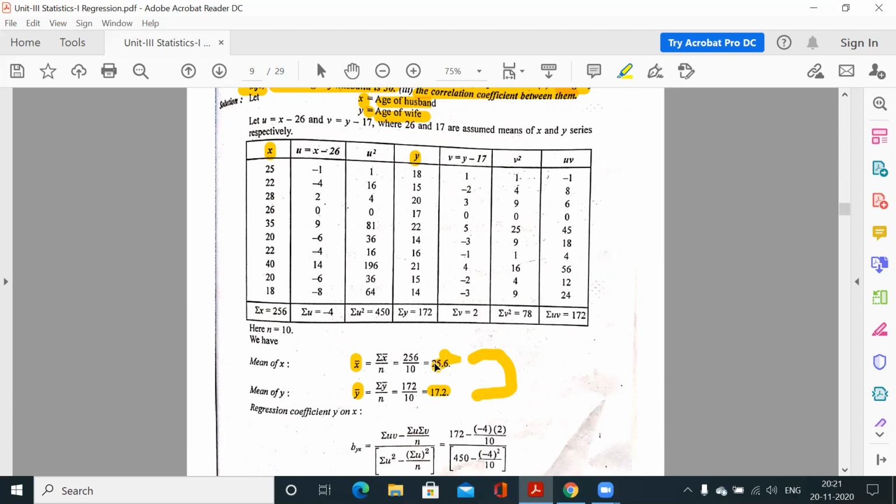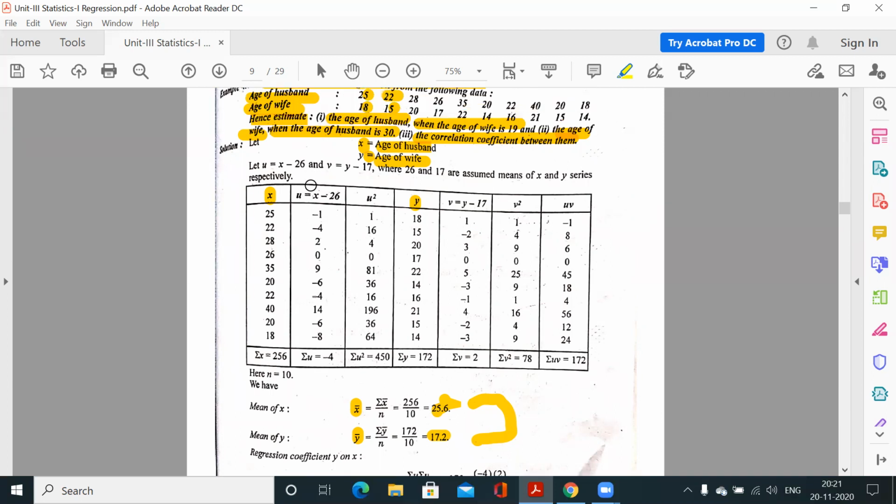So 25 minus this, 22 minus this, 28 minus this, then taking the multiplication, taking the squares. It will be very tough and very time consuming. So to make our calculation easy, in this case we will use the assumed mean method, the shortcut method.